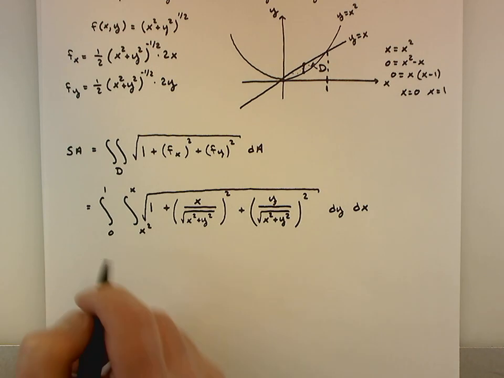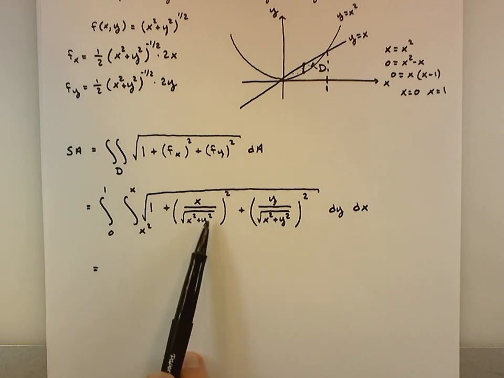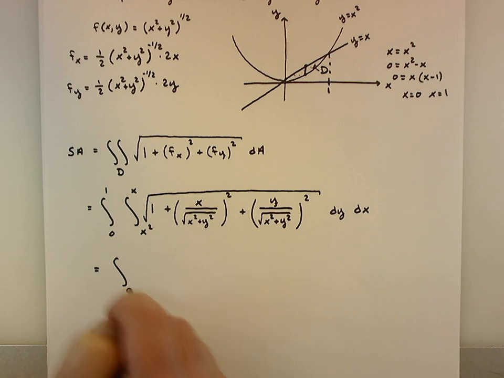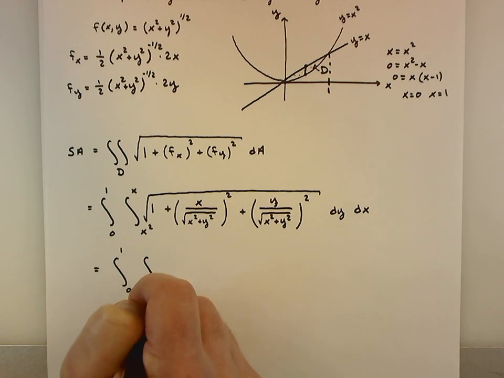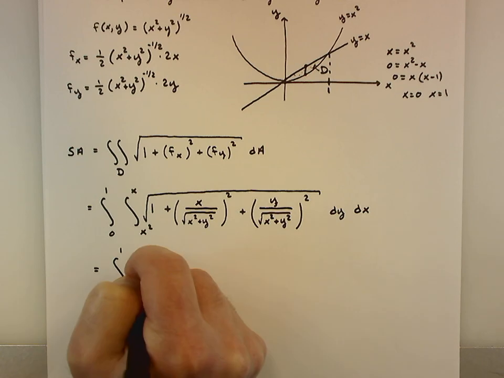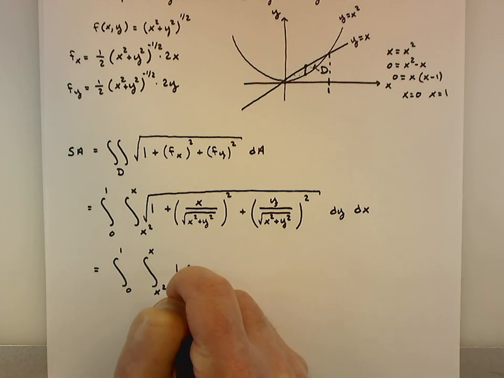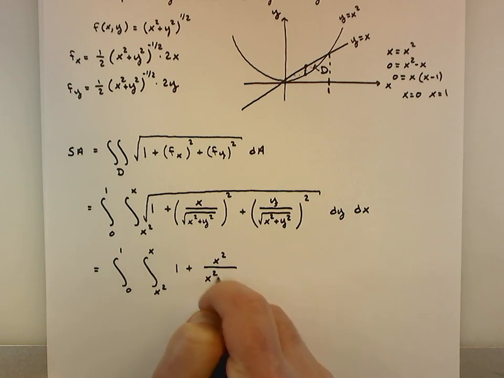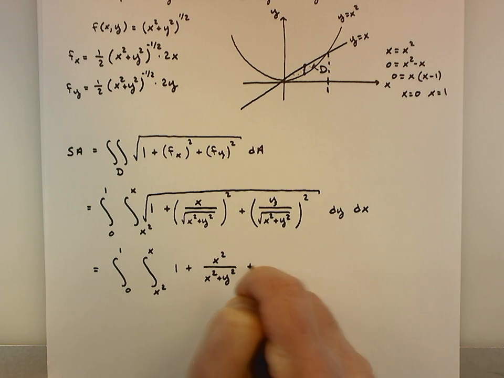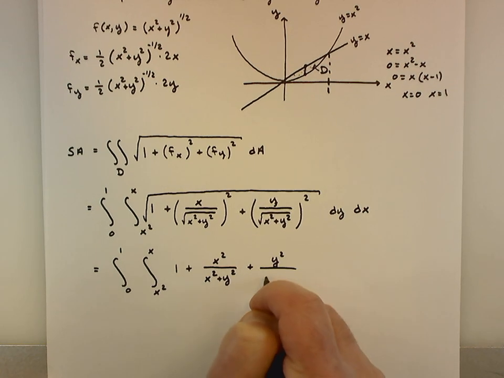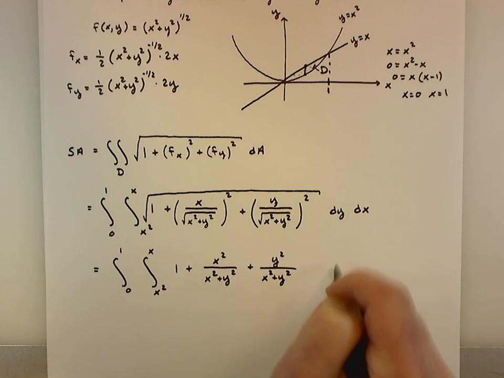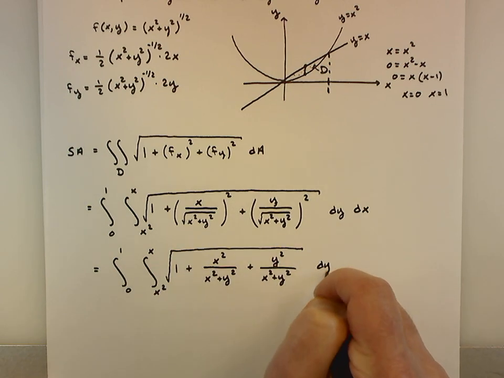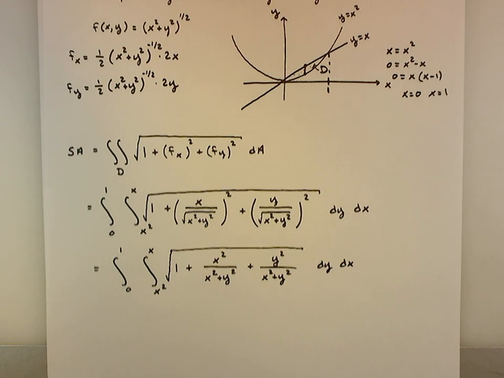So to integrate this, if I square this and square this, and add those two together, I get the integral from 0 to 1, and the integral from x squared to x of the square root of 1 plus x squared over x squared plus y squared plus y squared over x squared plus y squared, integrating with respect to y and then with respect to x.